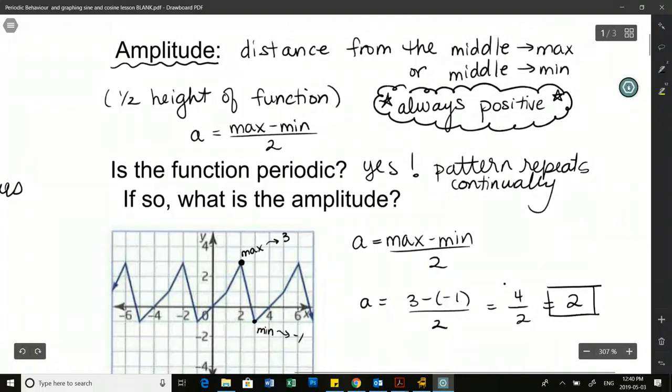Okay, so that's our amplitude for this function. It's equal to 2. So if I know amplitude is 2, I know the entire graph, from the minimum to the max, is 4 units vertically.